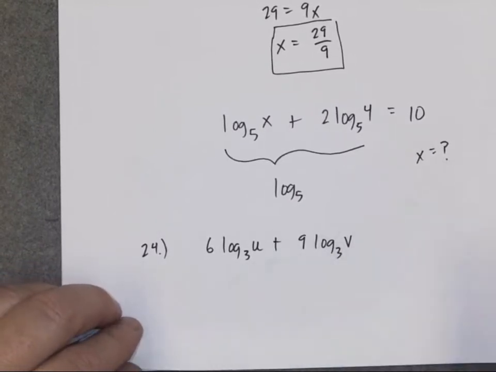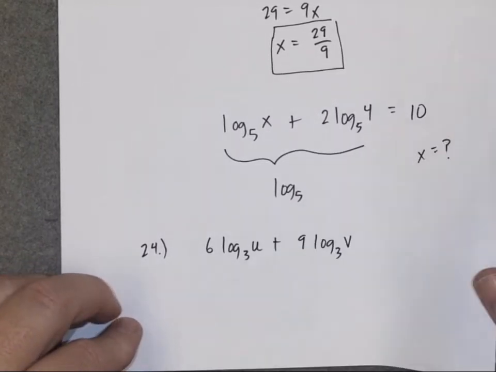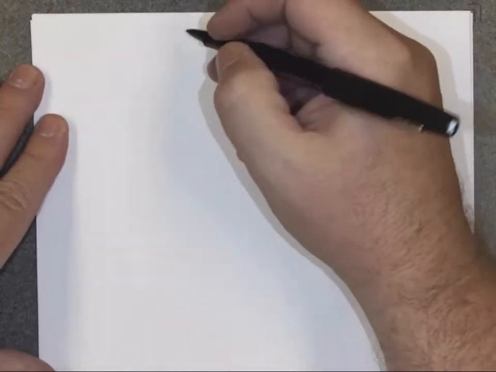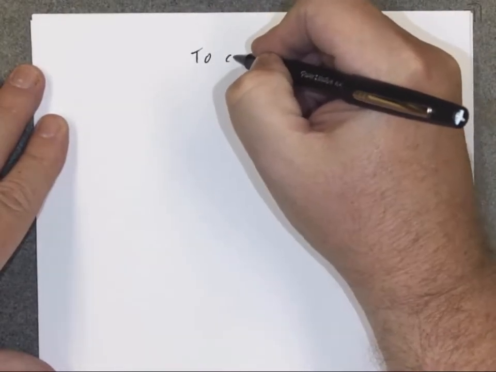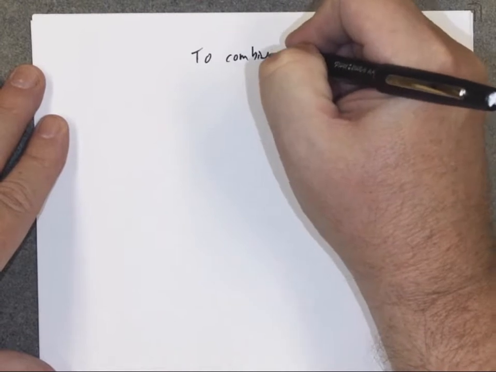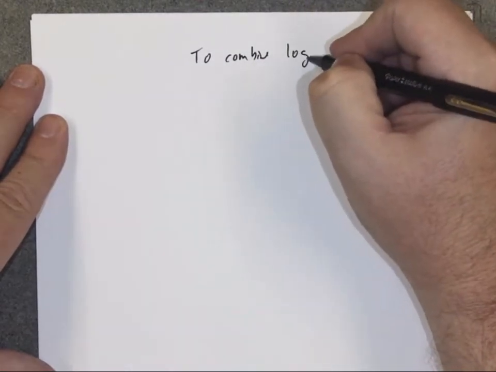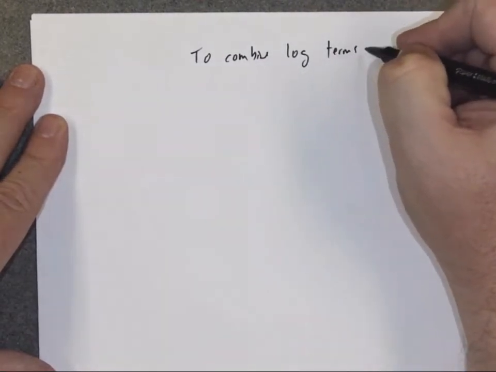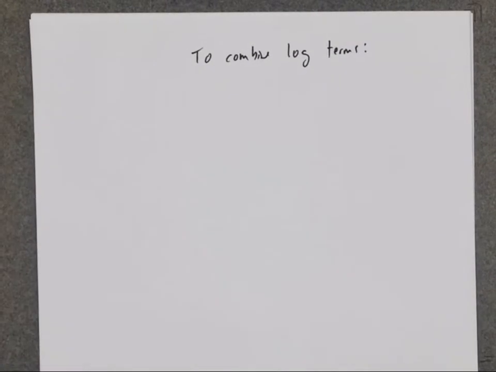Let's talk about the rules that we have to follow in order to combine log terms. There's actually two conditions that have to be met before you combine log terms that are either added or subtracted.